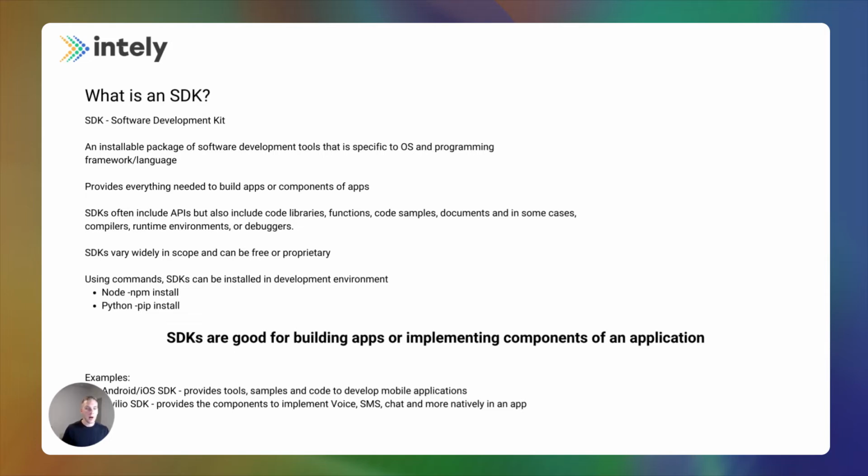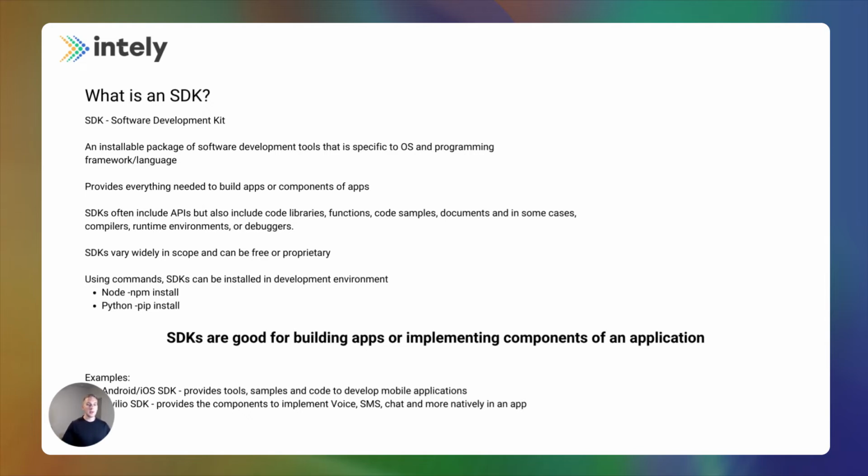So flipping over, let's get into the SDK. What's an SDK? An SDK is a software development kit. It's an installable package of tools used for software development that's specific to programming framework, language, and operating system.